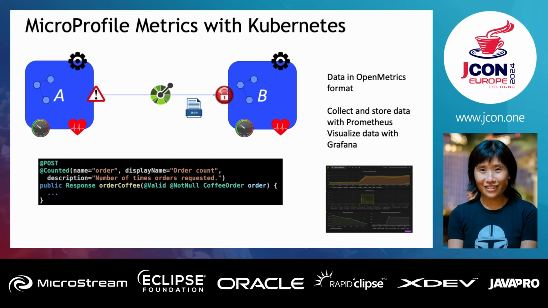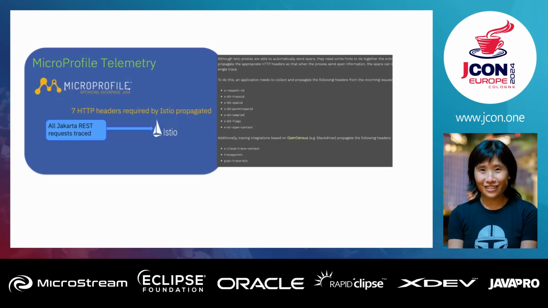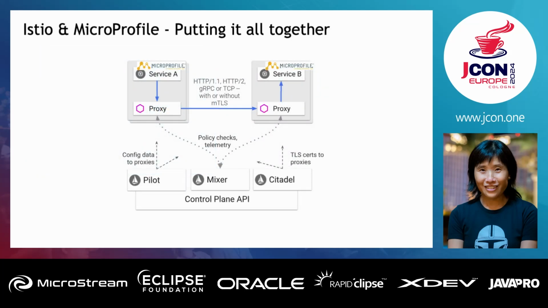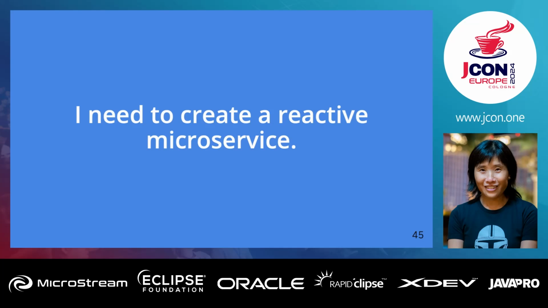For metrics, you can directly look at the Grafana dashboard. And for telemetry, if you use Istio, all the required headers are propagated automatically, so it works very well with Istio. Anybody using Istio? Okay, I feel if you use MicroProfile, they are very complementary.